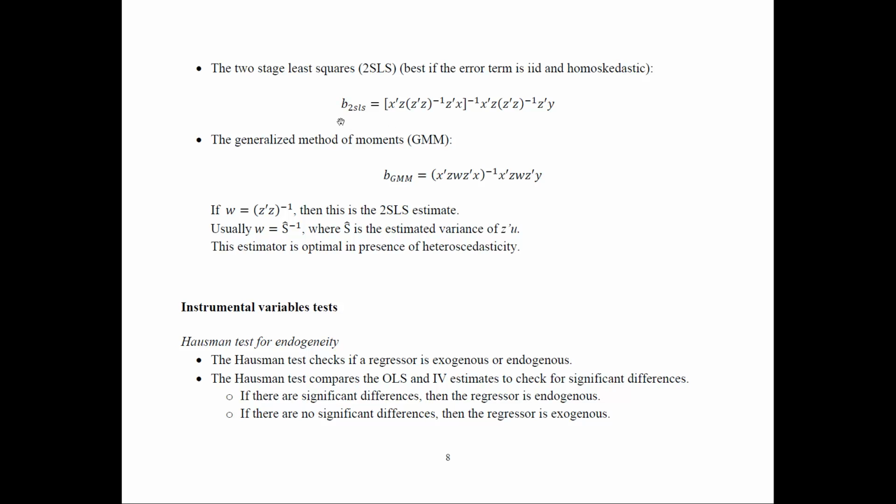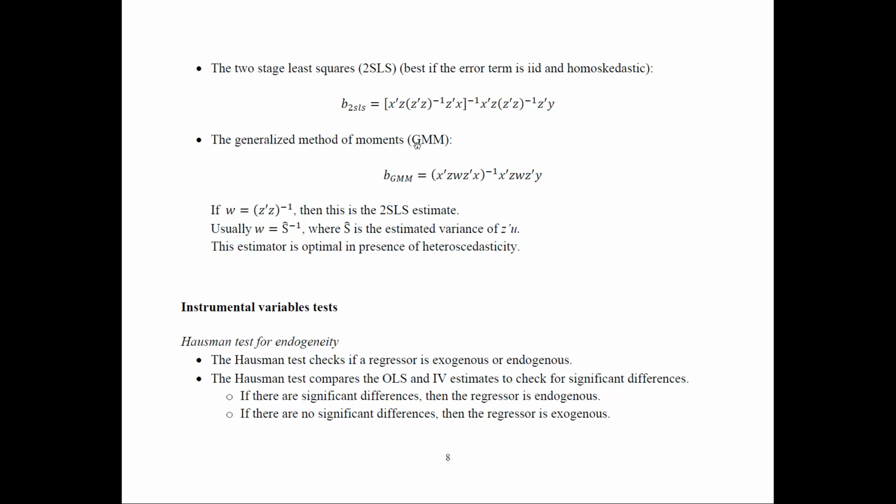And here this would be the expression for B two-stage least squares, and we would have this big expression here. So even with two-stage least squares in the over-identified case, we could estimate it. Notice that this expression is so much simpler when we have the just identified case.